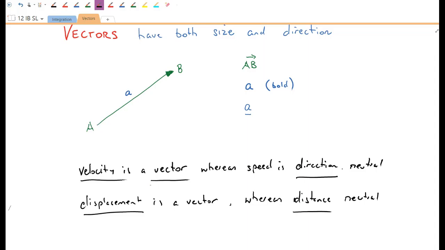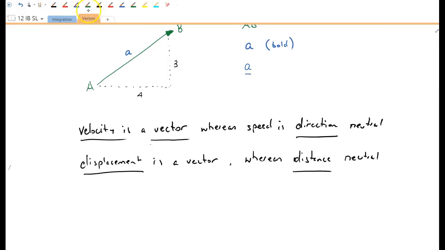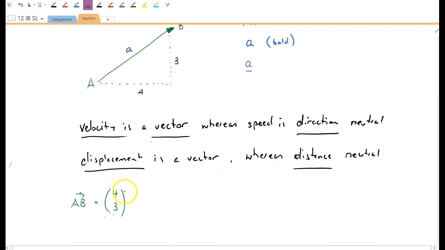All right, let's move on. Now let's say in this little vector AB we've gone across 4 and up 3. How do we represent this vector AB? We can say AB is equal to (4, 3), and this is called a column vector. The top number is how far across.